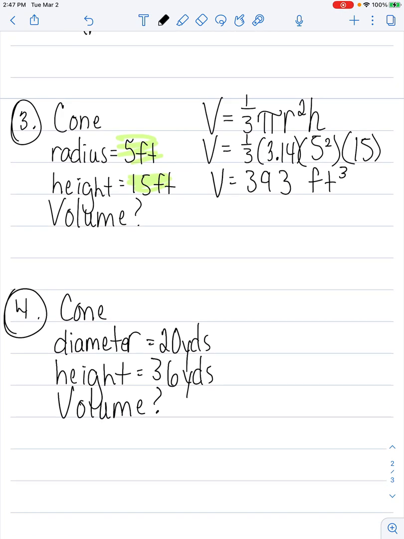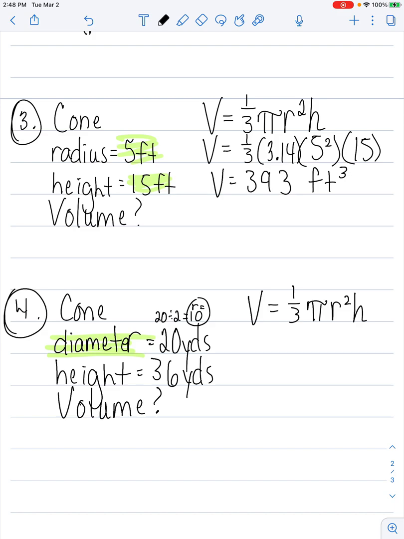So first I start with my volume formula for a cone, which is volume equals 1/3 times pi times radius squared times height. I do notice before I start plugging in my numbers, they gave me the diameter. How do I get the radius? Remember, we divide it by 2. So 20 divided by 2 is 10 yards, so my radius is 10.